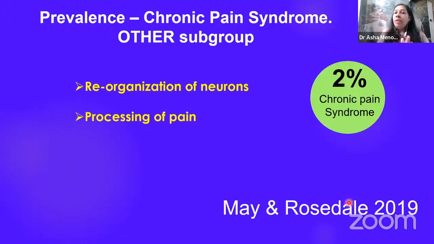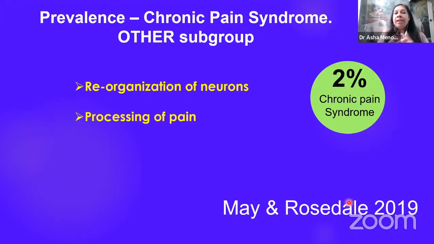And so we looked at these patients who may respond, but there could be some patients who are not going to respond really, where we are looking more in terms of nociplastic pain, where there is a reorganization of neurons, where there's a processing of pain, that is, there's no pathology as such within the spine. And within the McKenzie system, we would be classifying them into the Other subgroup.